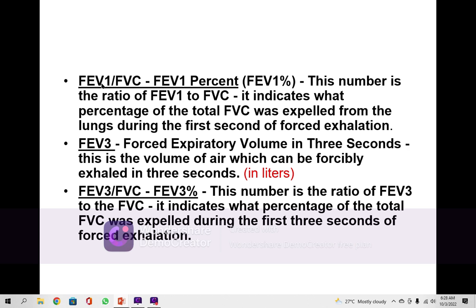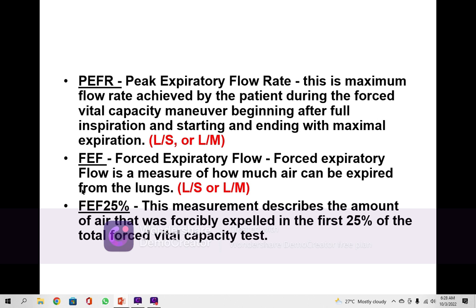Now here is the FEV1, FEV1%, FEV3, FVC, it is a ratio. Usually we will not calculate FEV3, but peak expiratory flow rate can be measured by the patient. The instrument is very simple.